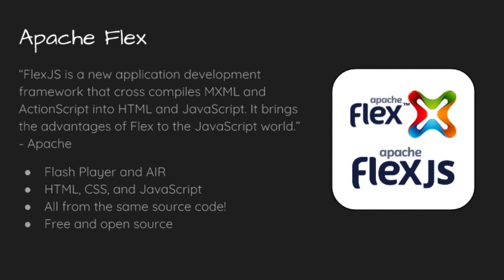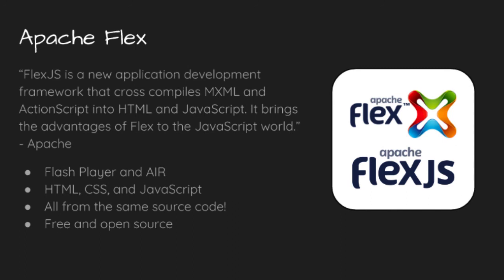But if you're not writing applications directly for iOS or Android, there's also Flex.js, which is sort of a branch of Apache Flex that outputs to both a Swift-based target and an HTML, JavaScript, CSS-based target.